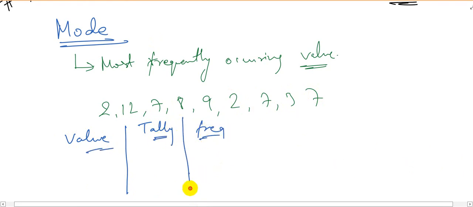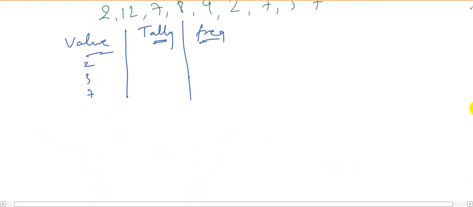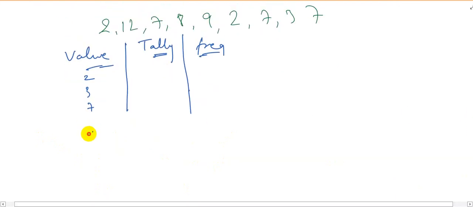The values which this data set takes are 2, 3, 7, 8, 9 and 12.